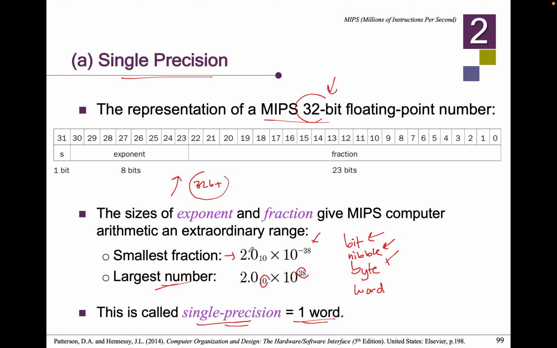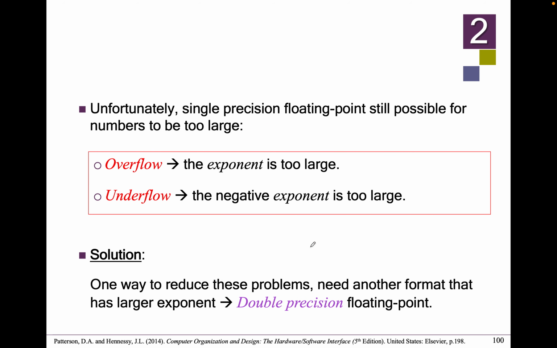The lowest will be 2.0 base 10 multiplied with 10 to the power of minus 38. That's the range supported for MIPS 32 bits or single precision.